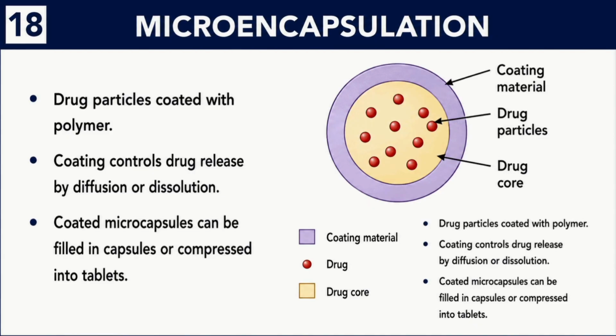This approach also allows different populations of particles with different release rates to be combined in a single dosage form. That is, we can adjust the release rate by using different types of formulation behavior. So here we can achieve different release rates by using a combination of different polymers.